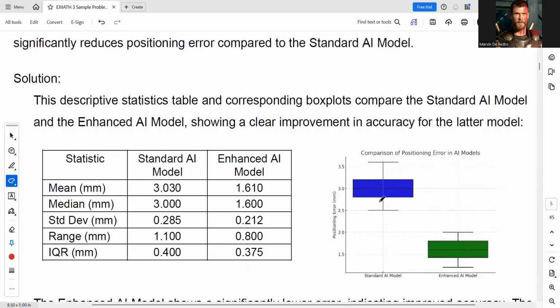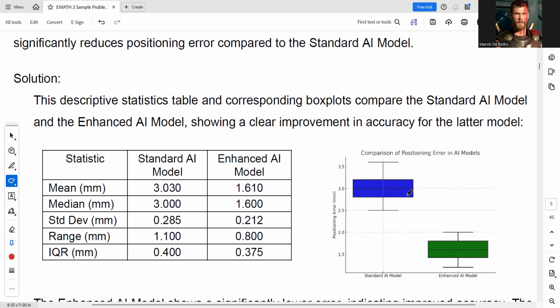Knowing the IQR, we can now derive the box plot. So we have here Q1, Q2, and Q3. And then the limits are Q1 minus 1.5 times the IQR, and Q3 plus 1.5 times the IQR. We are checking whether there are outliers.